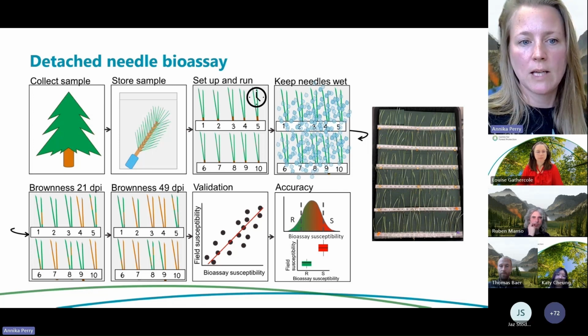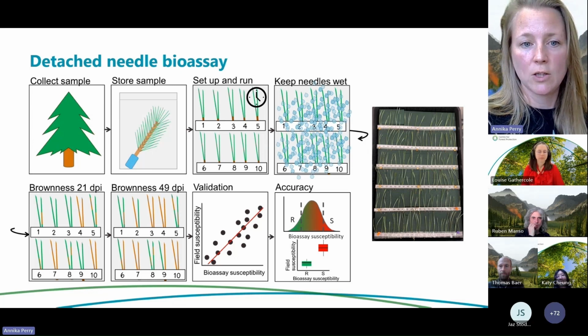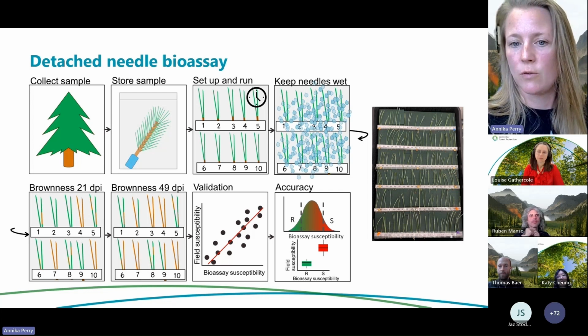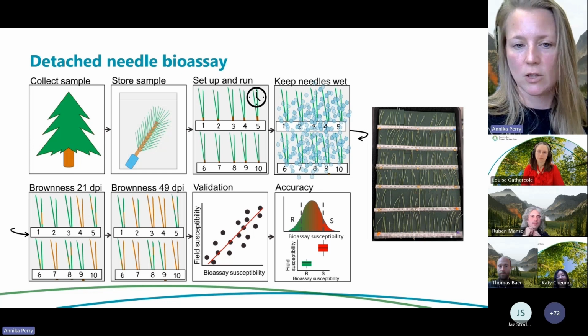And then when you're ready, you take individual needles from each branch and you pop them in a specified location. And you repeat this. So this is one block and this contains one needle pair from every single tree. And you might repeat this 10 times so that you've got 10 replicates of the same setup, randomized each time.